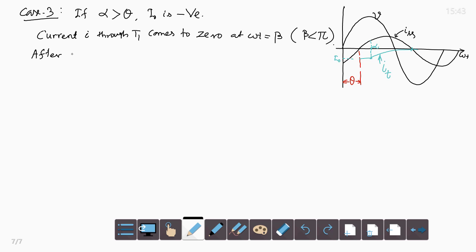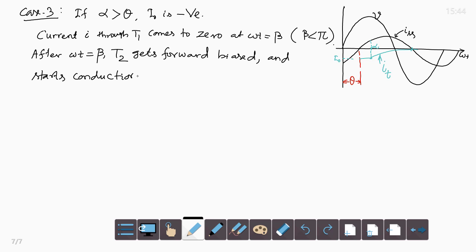After omega t equals to beta, T2 gets forward biased, obviously because supply voltage is negative, so T2 gets forward biased and starts conduction when given gate pulse at omega t equals to pi plus alpha.